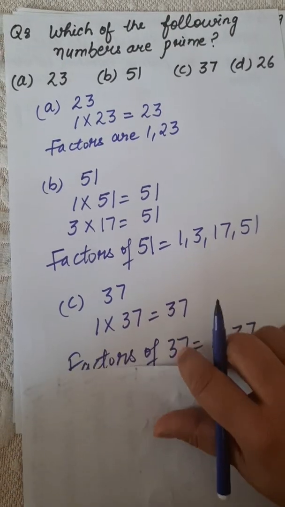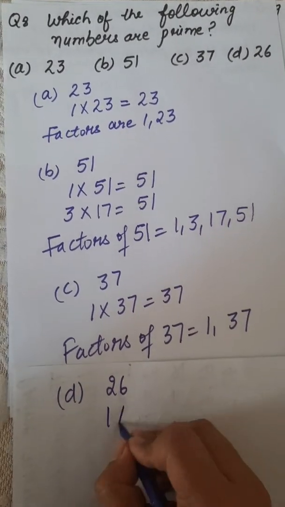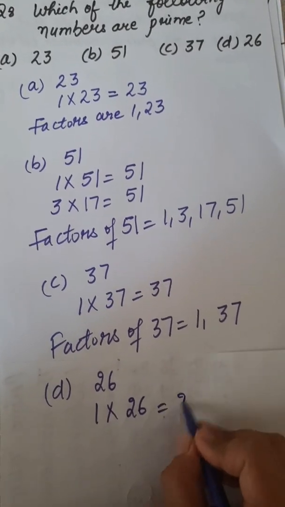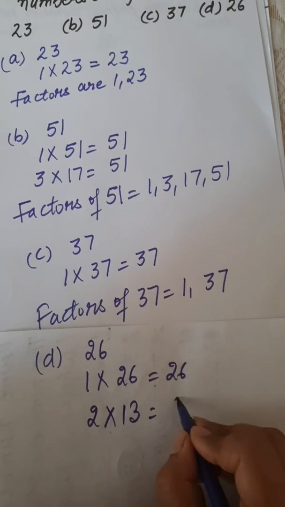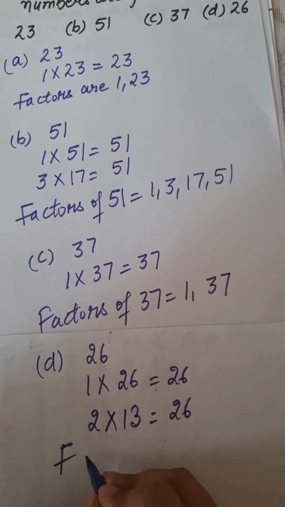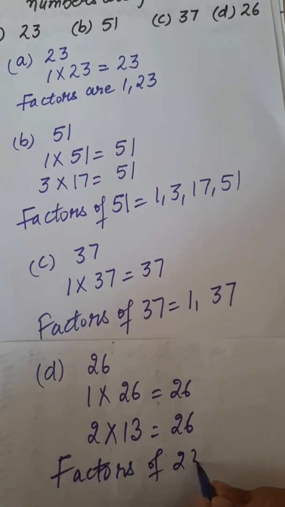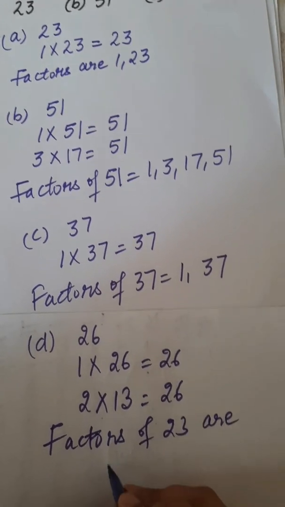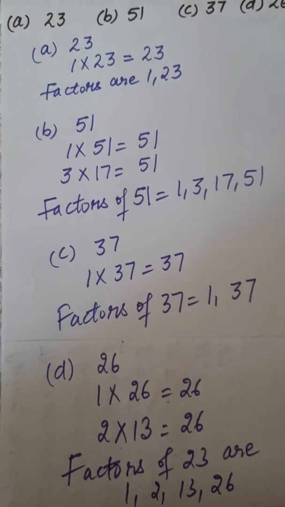Then we have the D part, that is 26. Here 1 multiplied by 26 is equal to 26. 2 multiplied by 13 is equal to 26. So here the factors of 26 are 1, 2, 13 and 26.